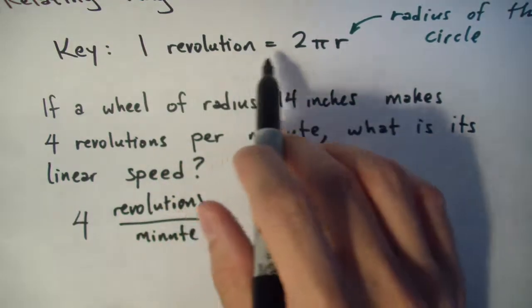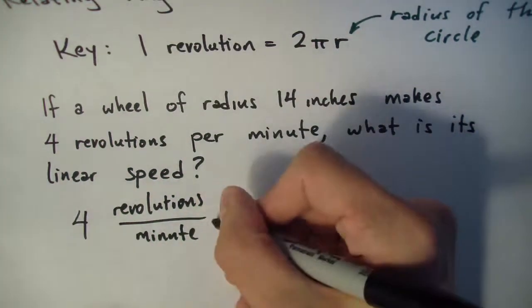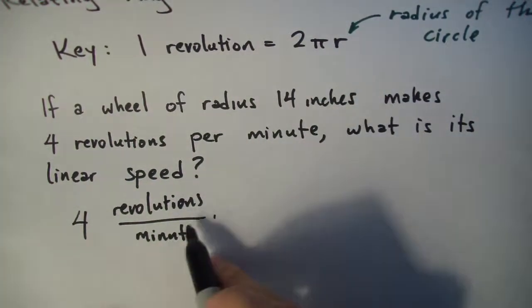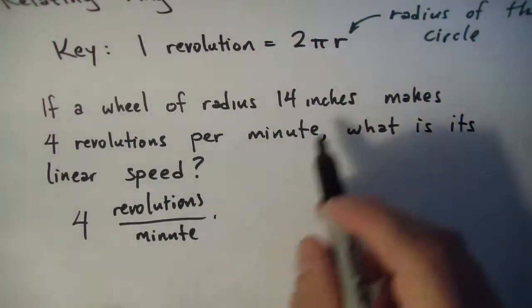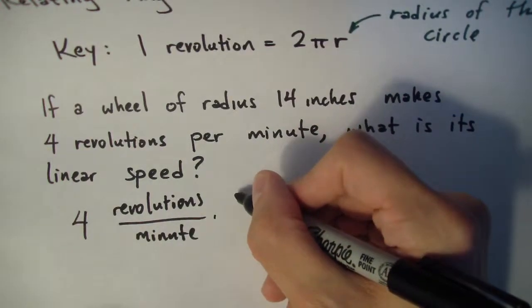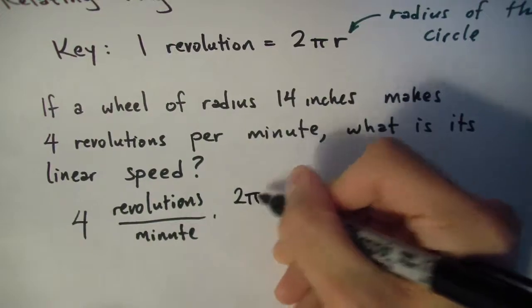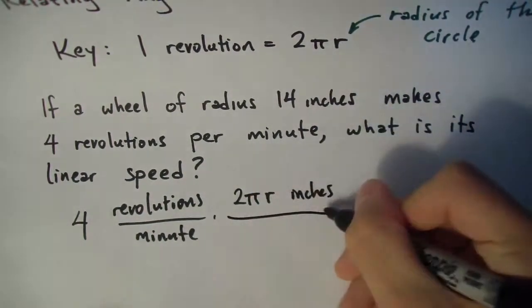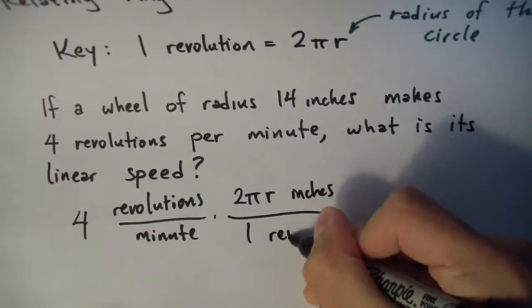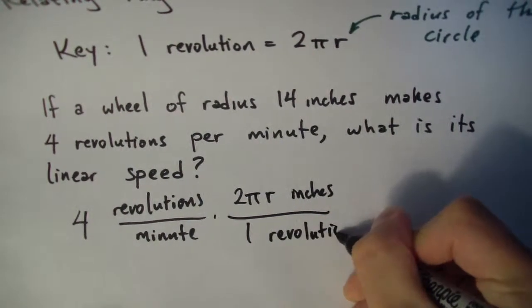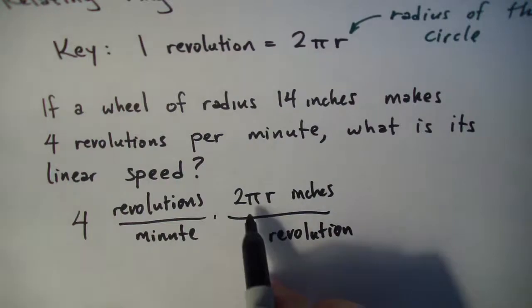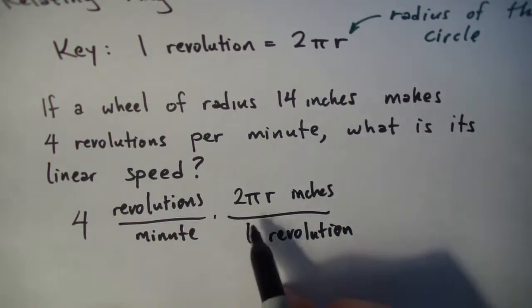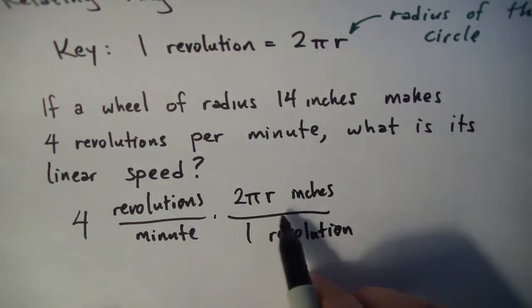And again, 1 revolution is equal to 2 pi r. So we want to cancel out the revolutions and give us a linear distance, so we multiply by 2 pi r inches over 1 revolution.